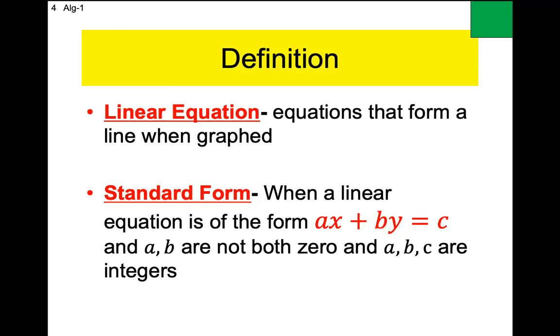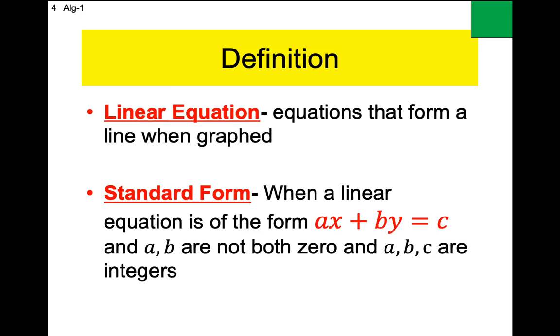So all we're saying is we're taking that linear equation, we're putting x and y on the left side, we're putting the number all by itself, called the constant, on the right side, and there's one extra caveat. First off, A, B, and C are all integers, no fractions, no decimals allowed.